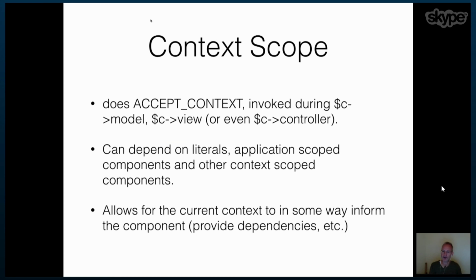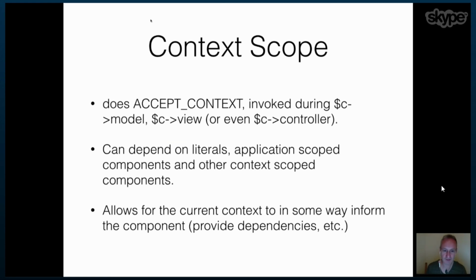You don't want to pass the entire context to your model, because that does not promote loosely coupled, well-designed code. It promotes strong coupling in design. But you can create a context scope model that has access to the context, that then gets information from the context and passes it to your model.